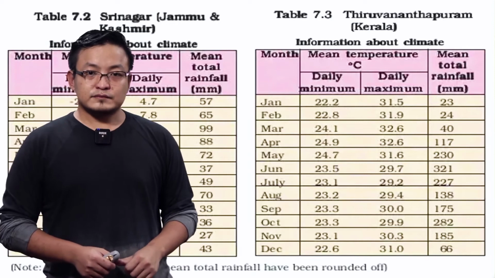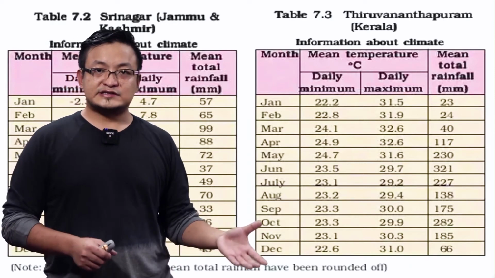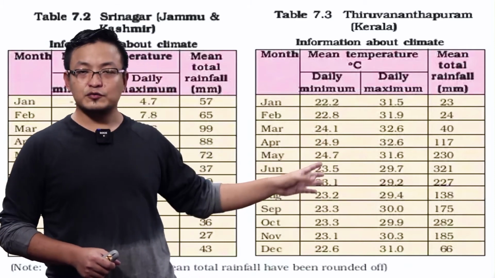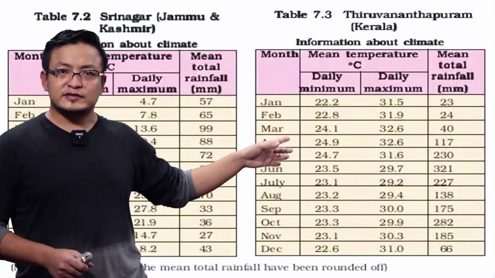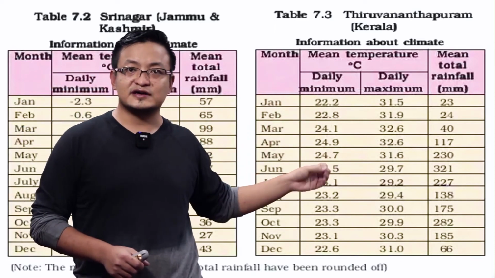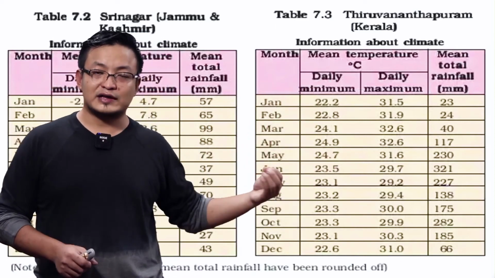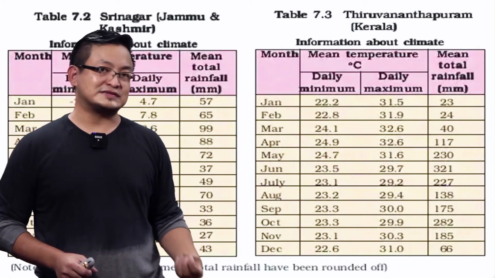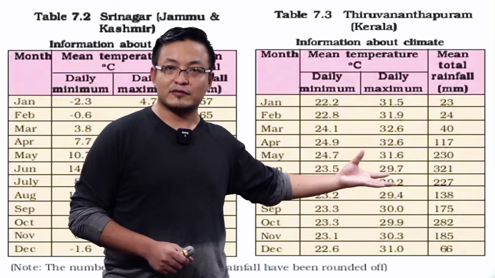So from here, average is taken. Okay, from here we can conclude that Thiruvananthapuram experiences a hot and wet climate, because we see that the rainfall is also high, right?